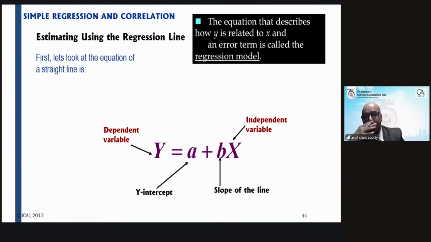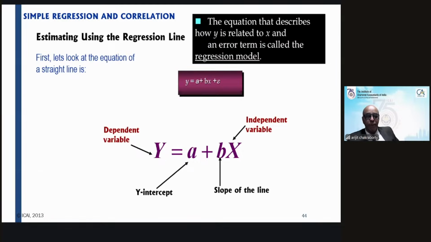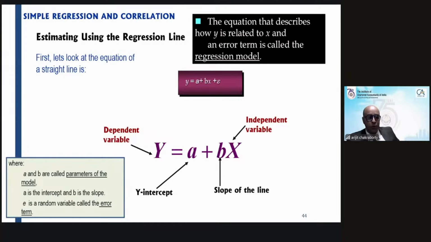Okay, so simple regression, we know in regression and correlation, the dependent variable is usually y, where y is equal to a plus bx. You all know that in case of a straight line, b is seen as the slope of the line and a is the intercept.